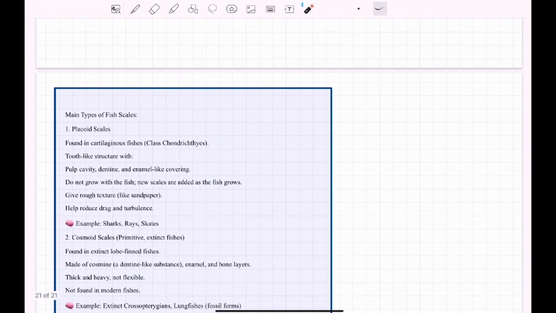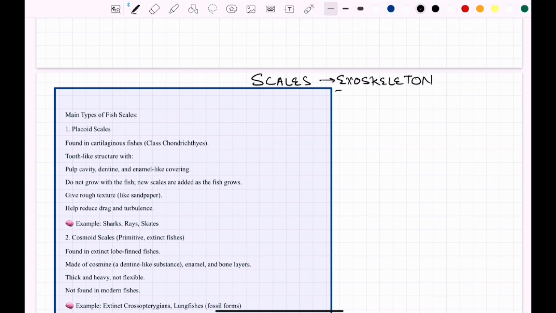So there are different types of scales. The scales form the exoskeleton of the fish. It has a dual function, that is defense as well as locomotion. It decreases the drag.